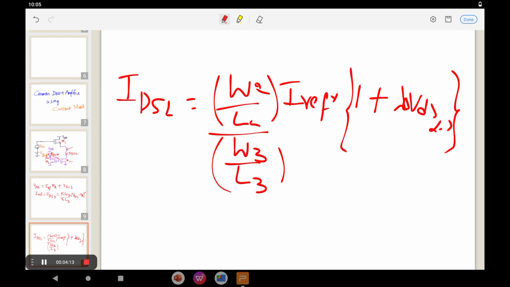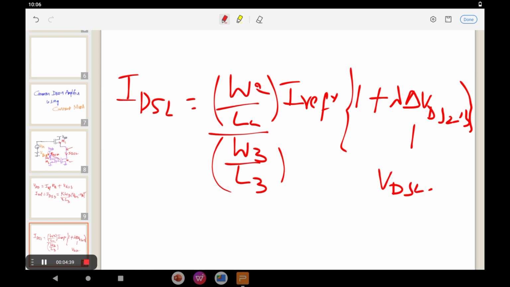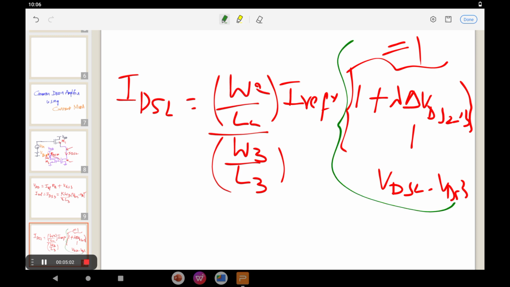Delta VDS is the variation, the difference between VDS2 and VDS3. If the difference is approximately 0, this part is approximately equal to unity, and then you get only the remaining part.